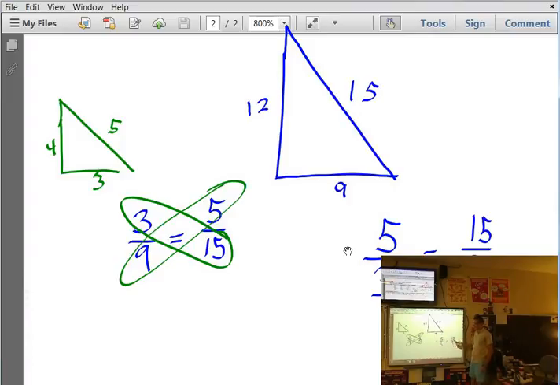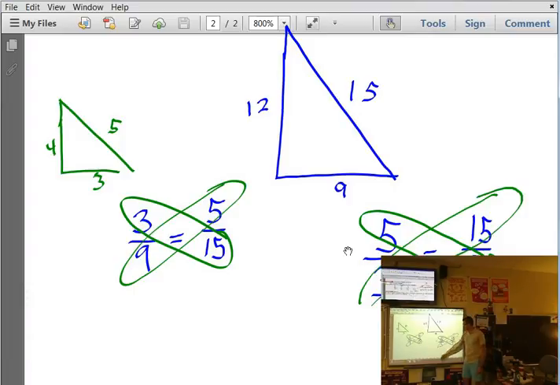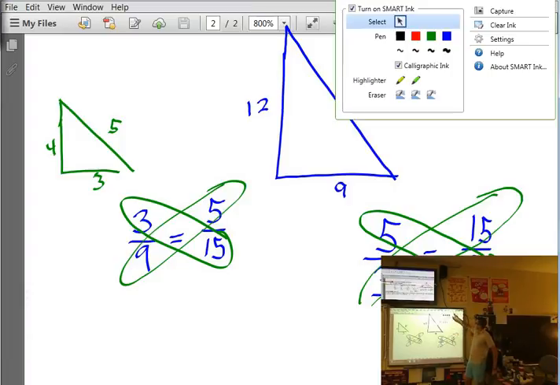Big to small, big to small. My means extremes. Sorry, I set that up wrong. Did I? No, I set this up right. Yeah, 9 times 5 and 3 times 15. You get the same means extremes. So yes, that does do exactly what we want it to do. We could write the formal proof, but this is an informal proof of why it works. Does that make sense? Sweet.